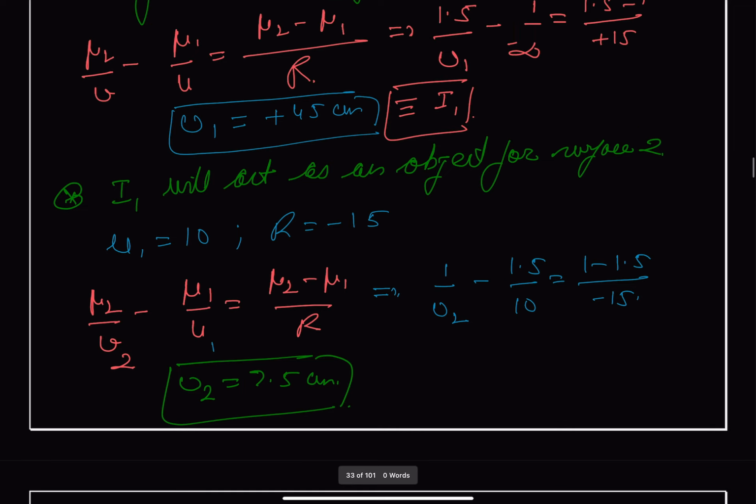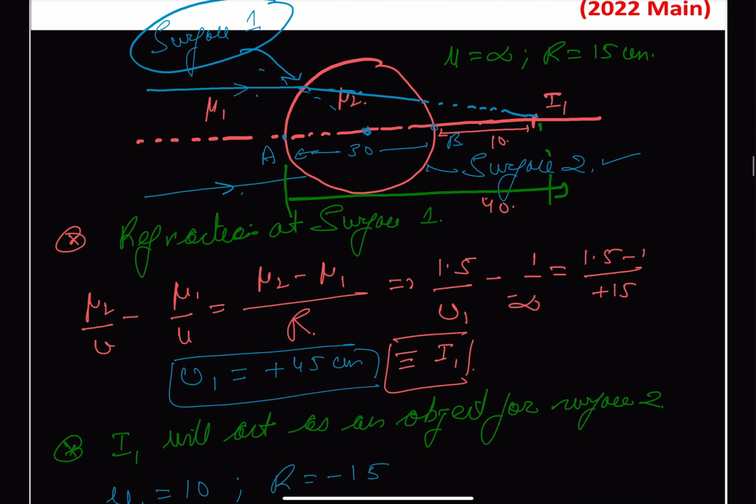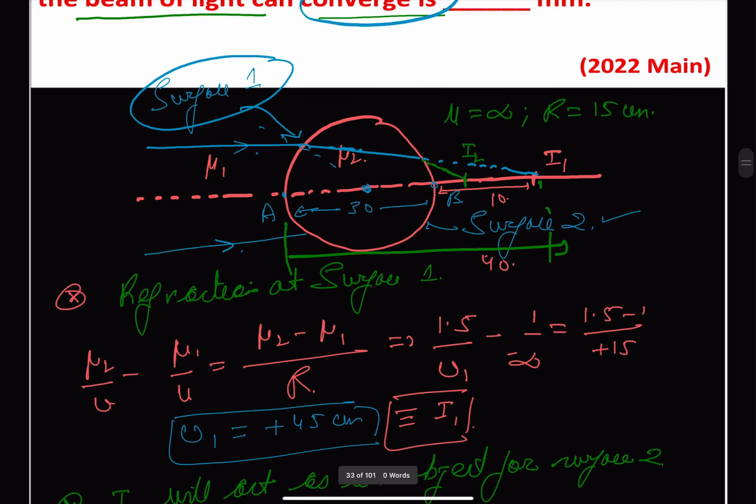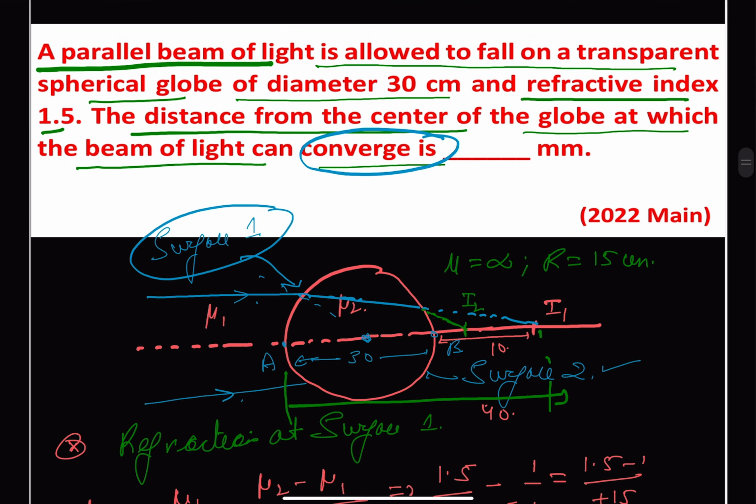So it means the refraction will be, and this will be from pole B, so the ray of light will be bending something like this, and this will be our I2. So this is corresponding to our I2, and we have to find out the distance from the center.